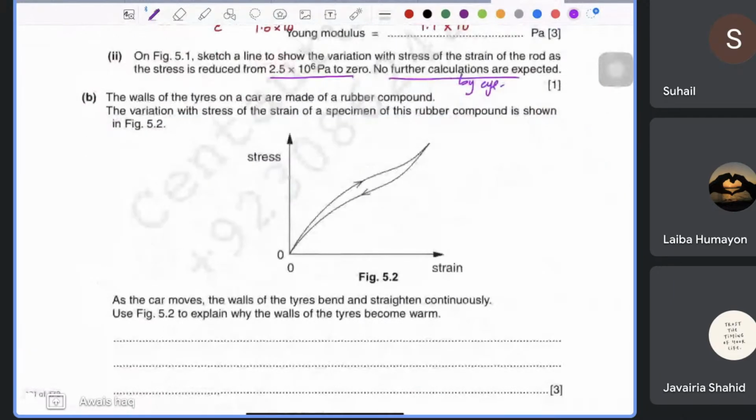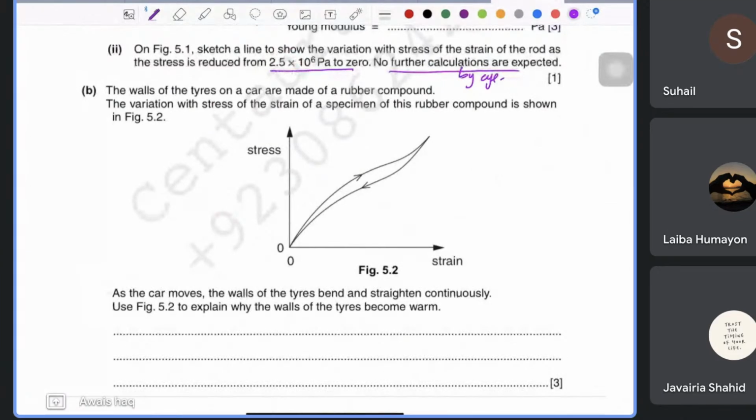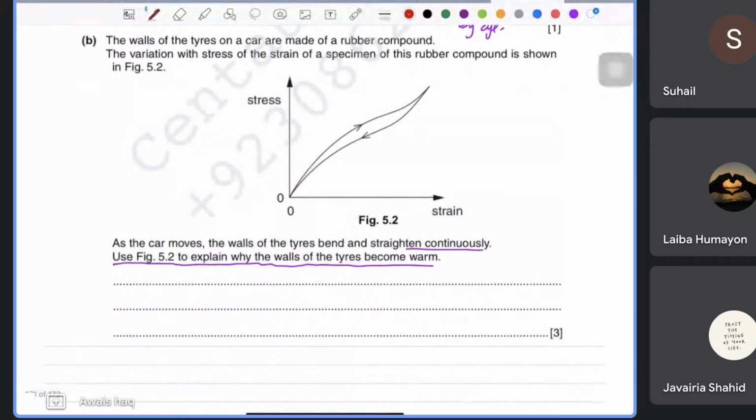Anyway, then it says the walls of tires on the car are made of rubber compound. The variation of stress with strain of a specimen of this rubber compound is shown. As the car moves, the walls of the tire bend and straighten continuously. Use the figure to explain why the tires become warm. So you need to understand that you're going to say: when work is done on the tire, it bends.